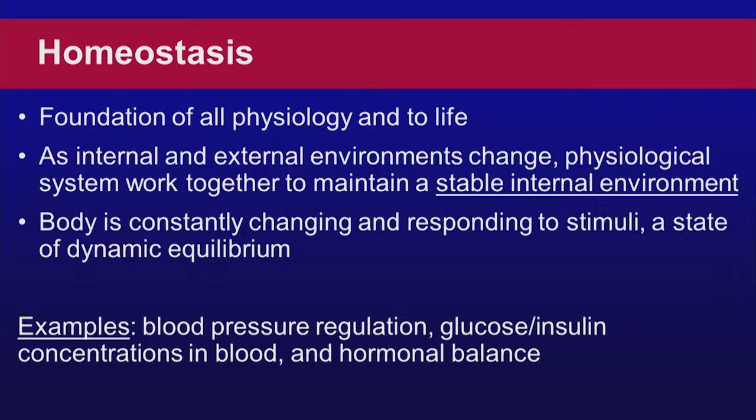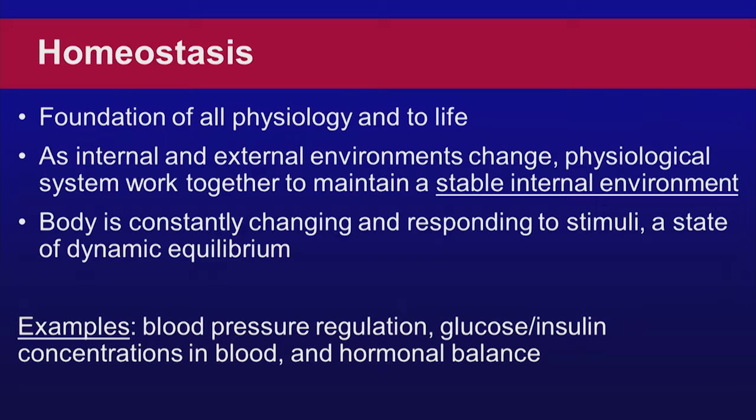We can have internal or external stimuli that change things, and then the physiological system has to maintain a steady internal environment. And it does that by constantly detecting and changing things to come back to a state of equilibrium. If you eat, or if you exercise, or if you're in a hot room, all those things affect what changes have to go on in the body to maintain a normal state.